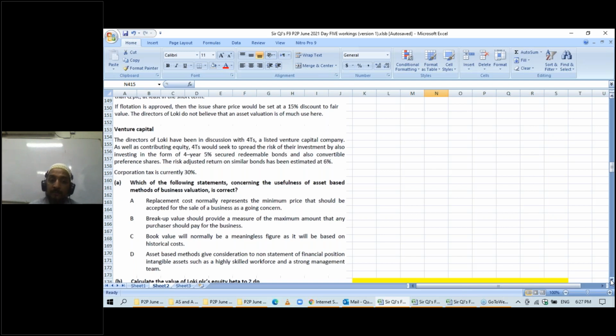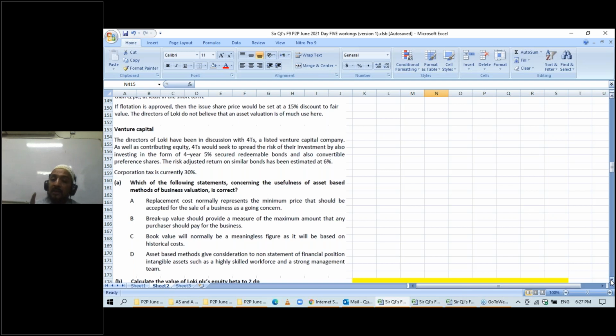It's not maximum, it's minimum that any seller would be ready to sell at. So breakup value will be the minimum amount at which someone will sell their company, because they won't sell for less than the net realizable value of a company. So basically no one will sell their assets below net realizable value.